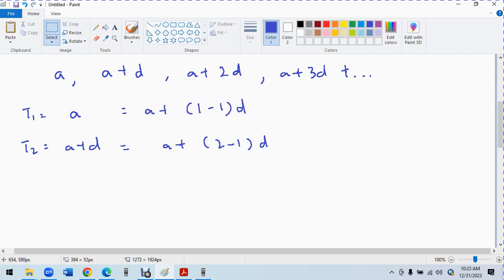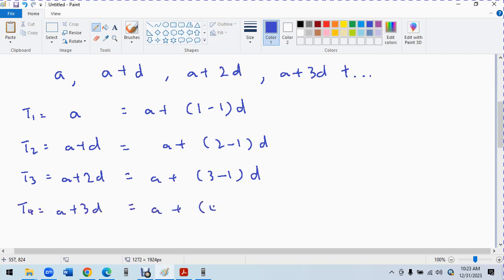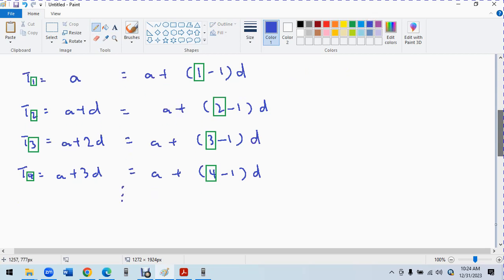The third term is a plus 2d, then a plus 3 minus 1 times d. The fourth term is a plus 3d, then a plus 4 minus 1 times d. So we can see the 1 and 1 here, 2 and 2 here, 3 and 3 here, 4 and 4 here. So we can conclude in general that the nth term is a plus n minus 1 times d.